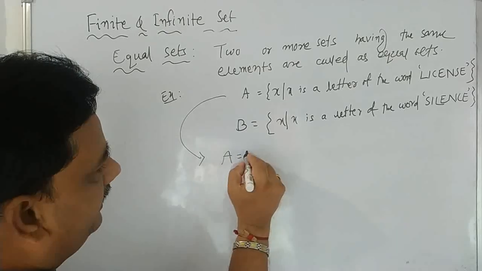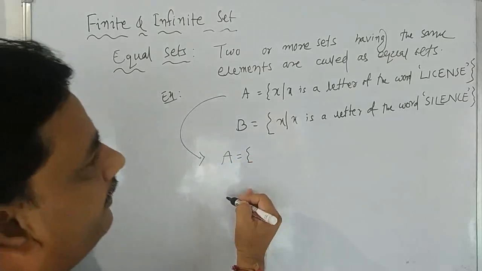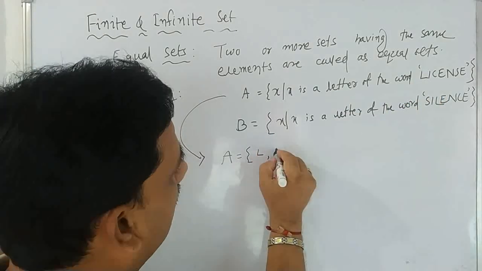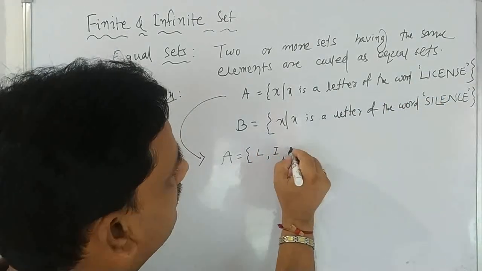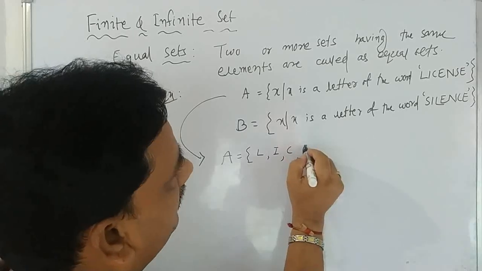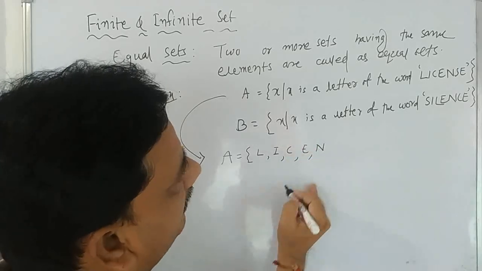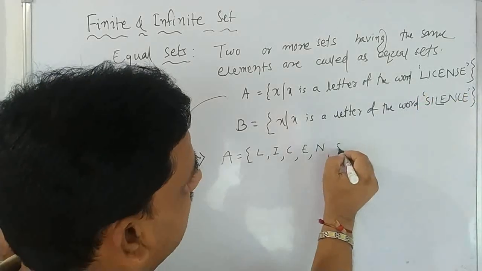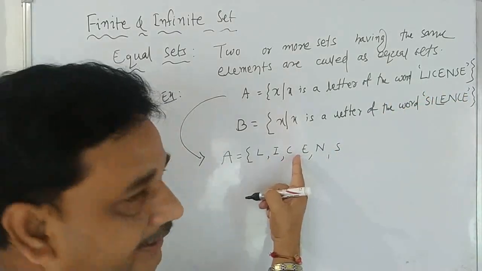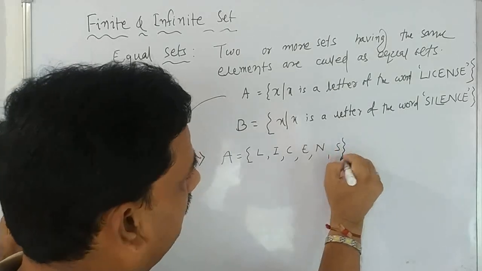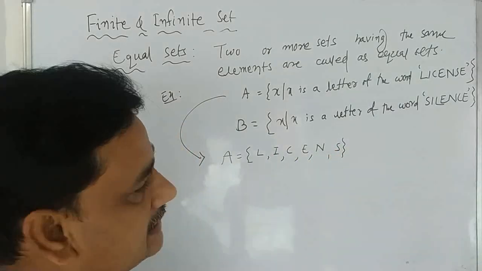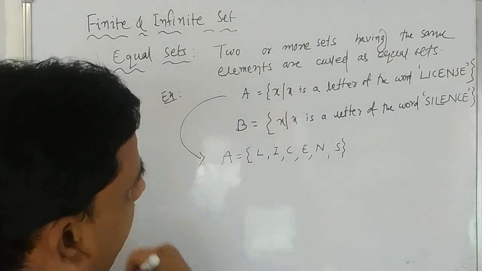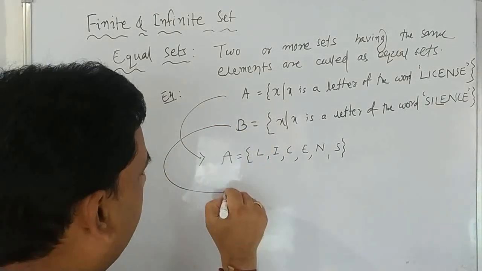It is the letters of the word license, so it comes L, I, C, E, N, then S, then E. Already E is there, so no need to repeat it. So you are getting 6 elements in set A.